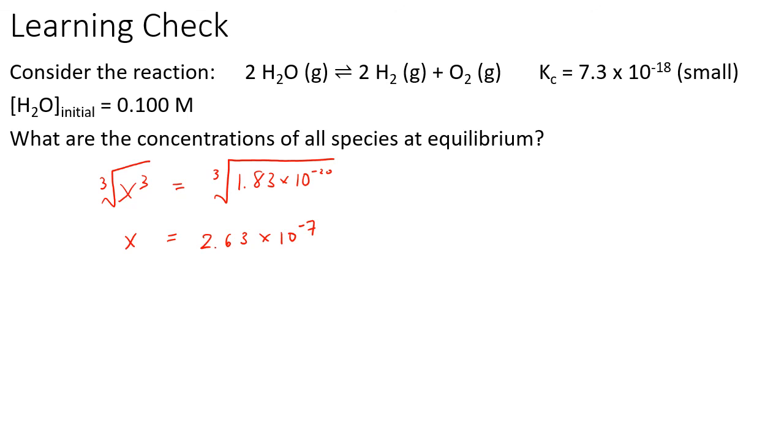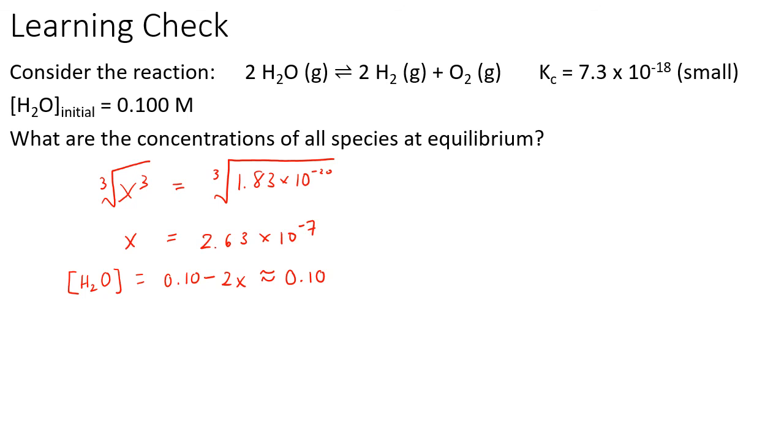And so now to figure out our concentration of all species at equilibrium, our concentration of H2O was equal to 0.10 minus 2 times x. And essentially what we get is going to end up being very, very close to our initial concentration of 0.10 because 2 times x is still so small that we really can't subtract it.